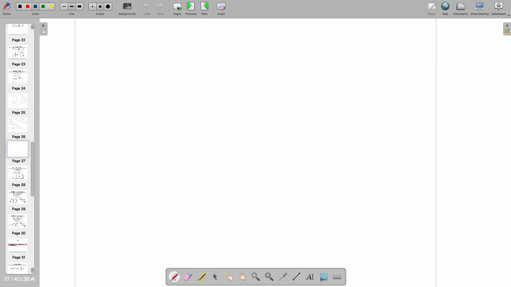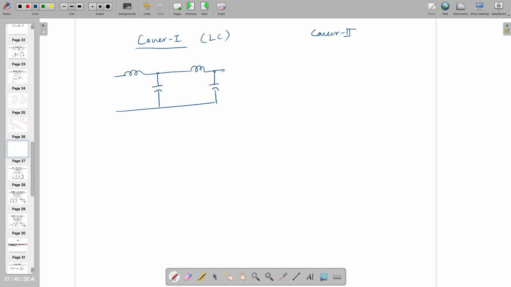Just giving you one hint. If you are making coil 1 and coil 2, coil 1 in LC looks like this one. It is not a series or parallel combination, it's like this. If it is coil 2, it's like this.